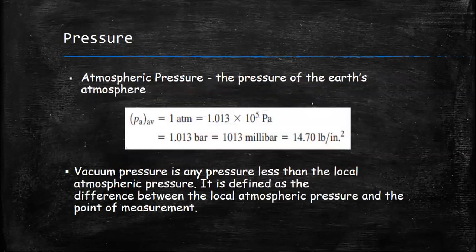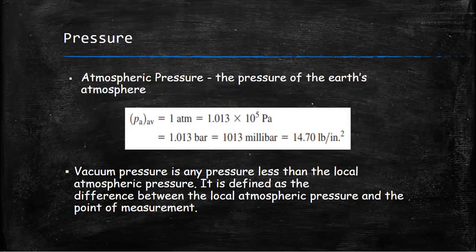Then we have the atmospheric pressure, which is the pressure of the Earth's atmosphere. We know that the Earth's atmosphere is composed of layers of gases. This layer of gases exerts force on the surface of the Earth. This force produces pressure, which is what we call atmospheric pressure.